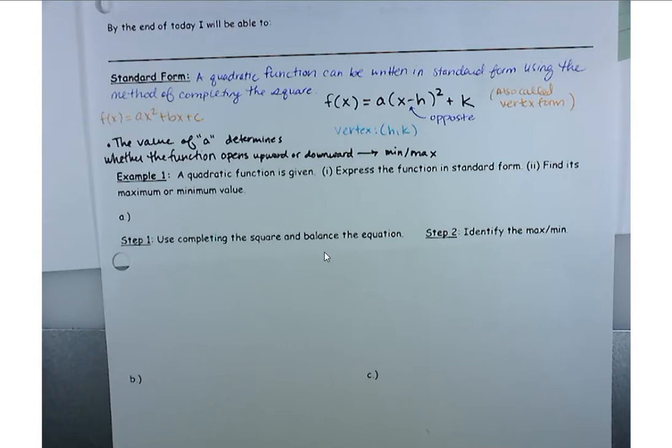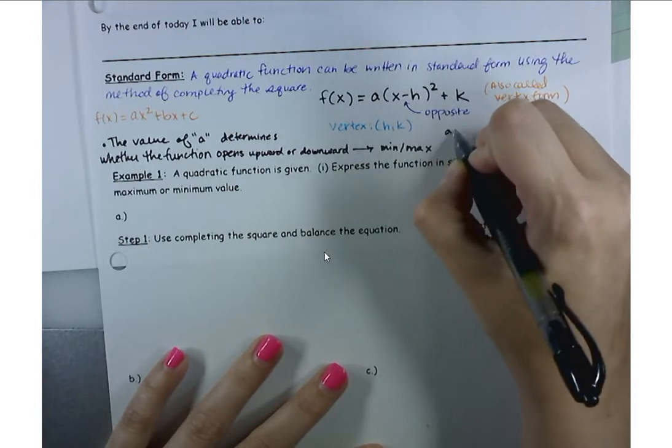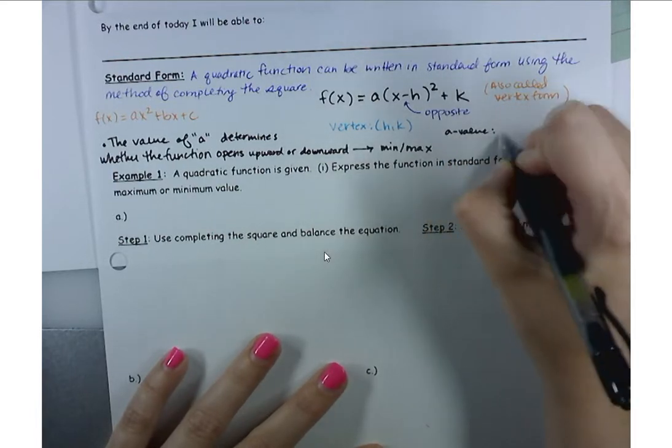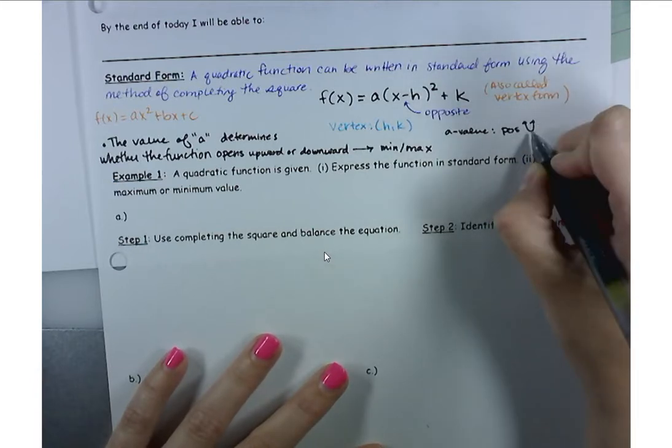Okay, so if your a value is positive, then it's going to open upward. If it opens upward, then you have a minimum.